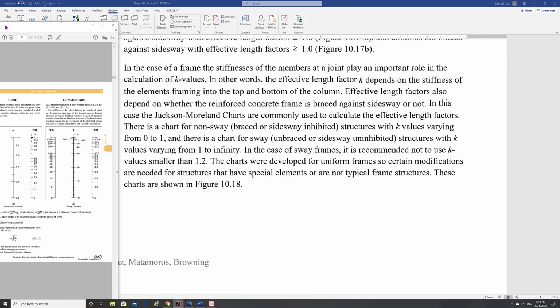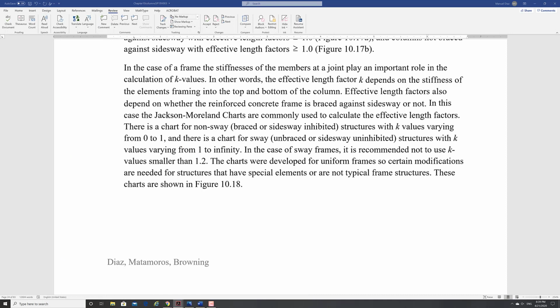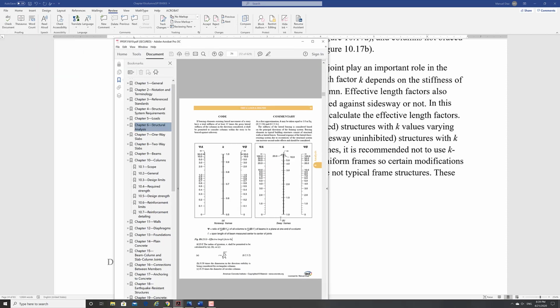So we have the two charts in there: braced or sideway inhibited, and unbraced or sideway uninhibited. So structures with k values varying from 1 to infinity, which is this case right here, the sway case, 1 to infinity. This one, the braced case, is 0.5 to 1.